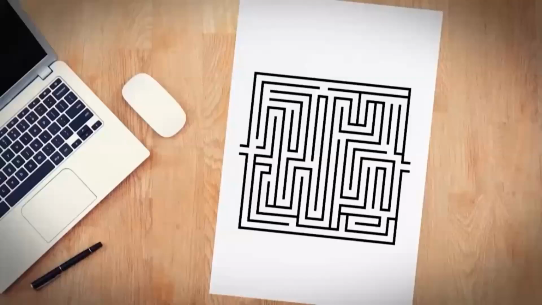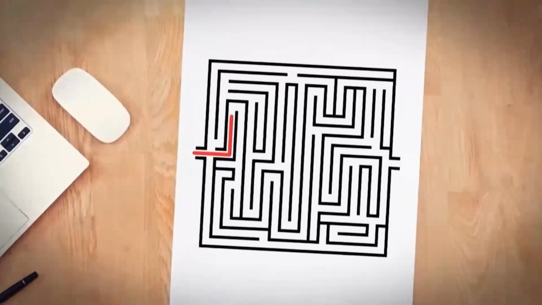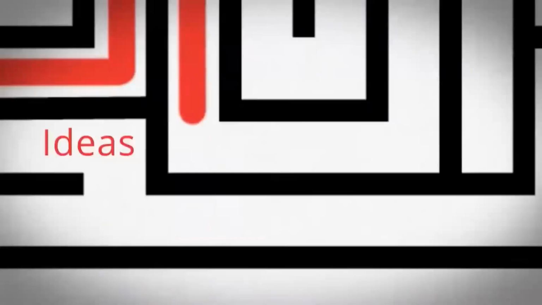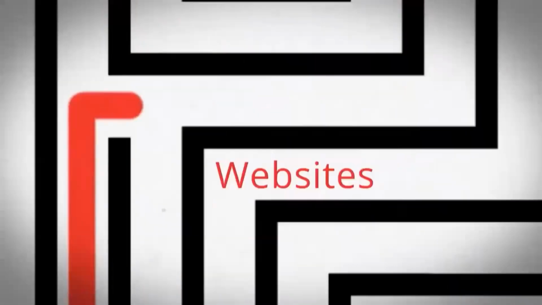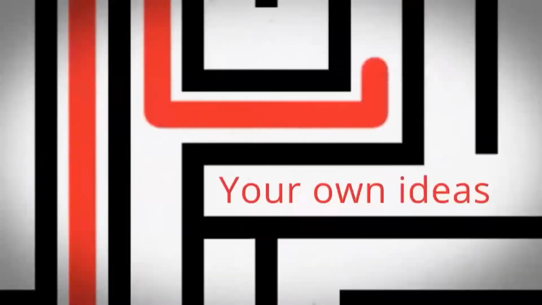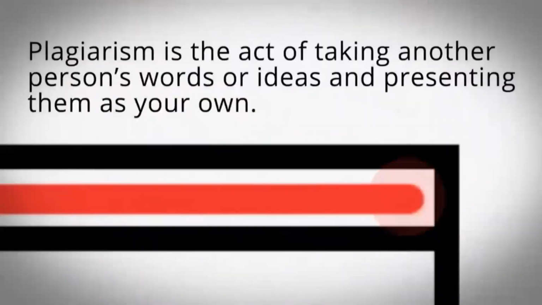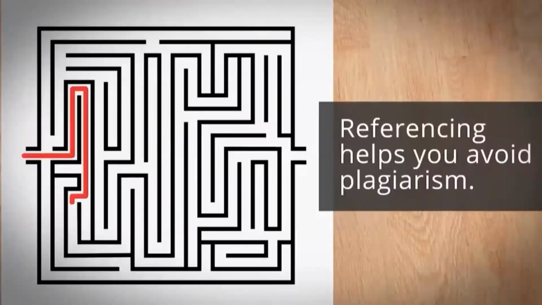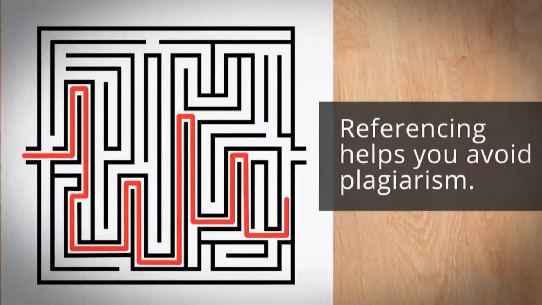Studying is not a straight path. It's more like a winding maze to finish university. To see you through, you'll need to study other people's ideas, words, and websites so you can form your own ideas. If you don't credit your source or present the ideas or words from another as your own, either intentionally or unintentionally, you may be guilty of plagiarism. Referencing helps you avoid plagiarism and is the only path to take to help you exit the maze and truly succeed in your studies.